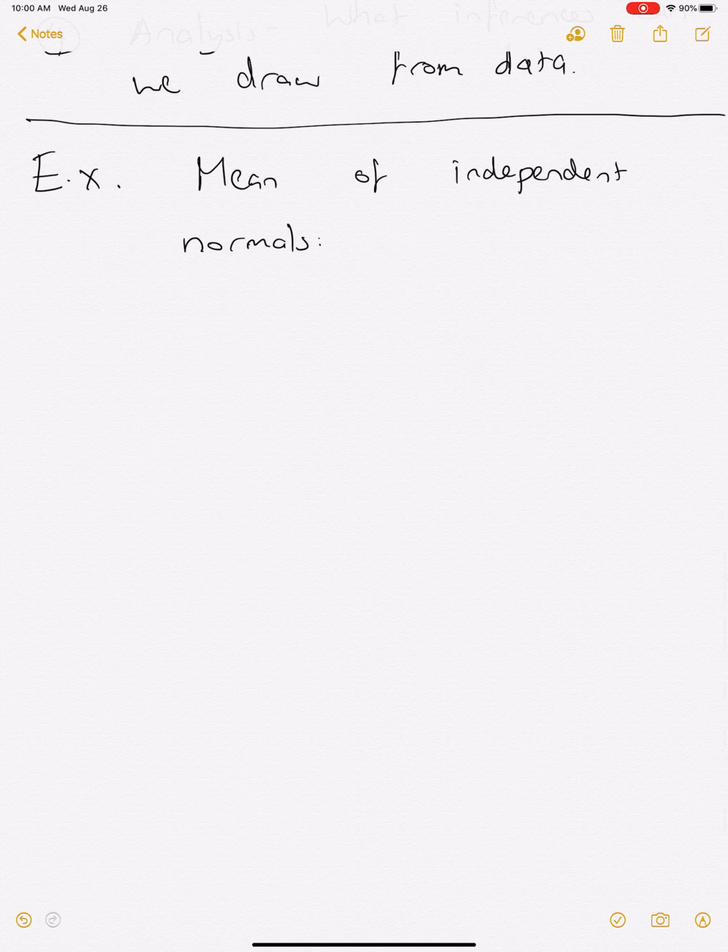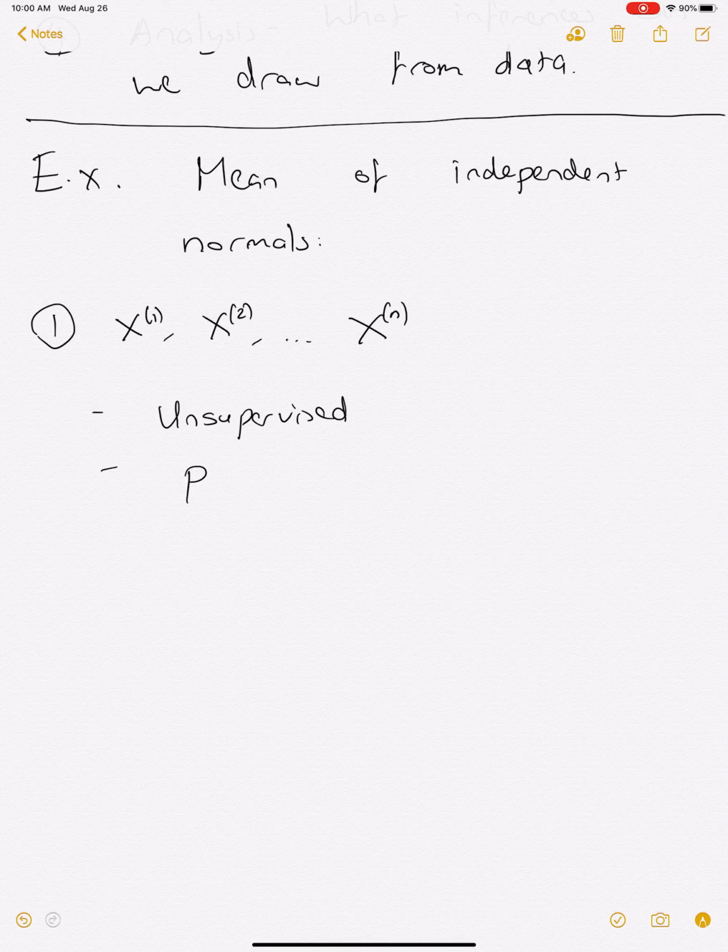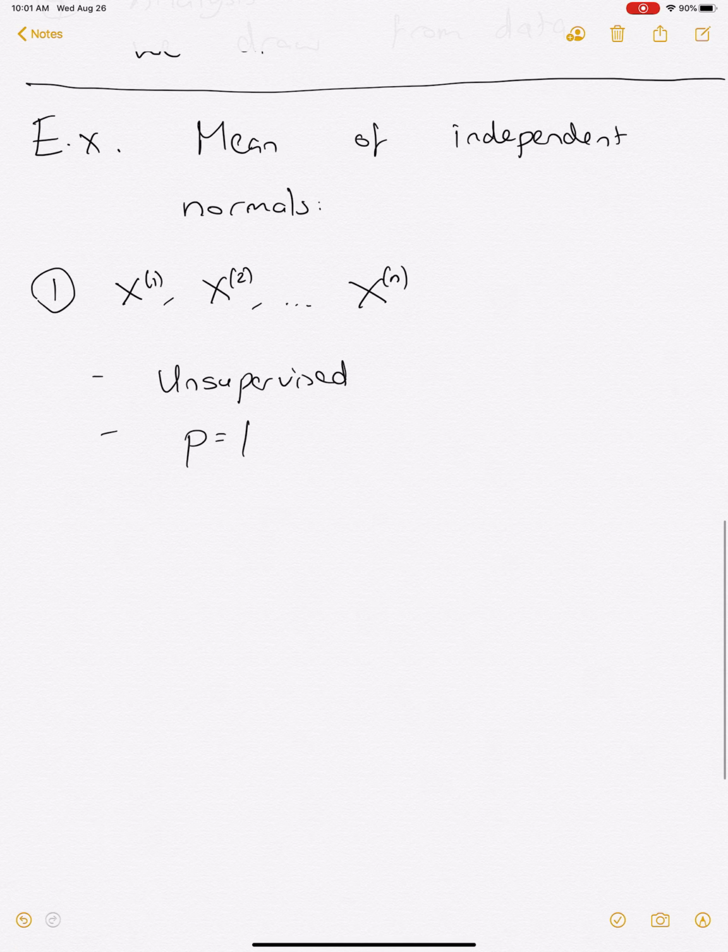Here, if we look at component one, which is just our data, essentially we have the simplest case where we have scalar random variables, and we have n samples. You can think about this as being unsupervised, because there are no label features, and we just have that p is equal to 1. So this is not actually multivariate at all. The purpose of this example is to focus on something that hopefully you're familiar with, but to illustrate how we use this statistical framework.